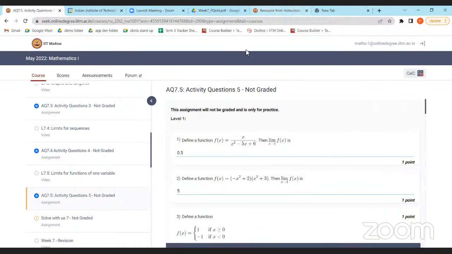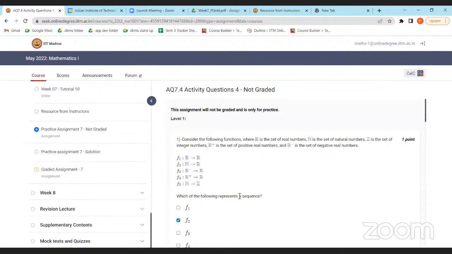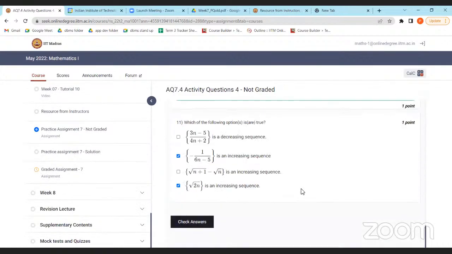Question number 11, sir, also from this activity, 7.4? Yes. Increasing or decreasing sequence means what? How are we going to approach finding the increasing and decreasing sequence?